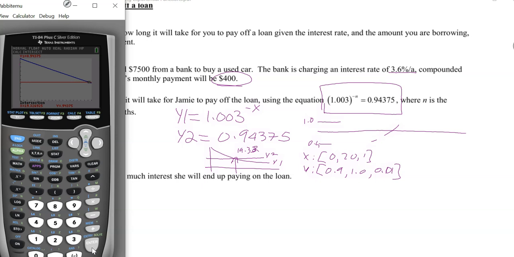There's a question in the book that does ask about a mortgage on a house. Just be aware it's not going to pay off in 20 months. It's not the $8,000 you're borrowing, it's $400,000. So now the question is, how much interest will she end up paying on the loan? In real life, she'd make 19 payments, and then the rest would be paid off in a lump sum in the last month.